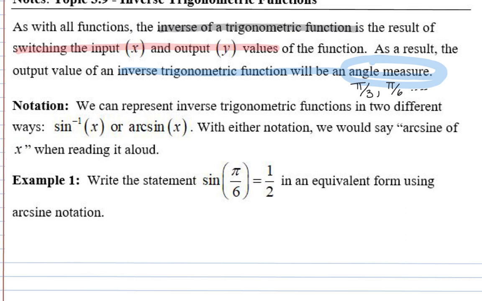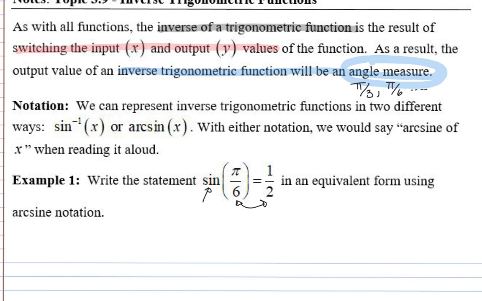So for example, 1, it says write sine of pi over 6, which is not an inverse. And we know that sine pi over 6 equals 1/2. And if you want to write it as an equivalent statement with arc sine, all that technically happens is you're switching these two pieces and making the sine into an arc sine.